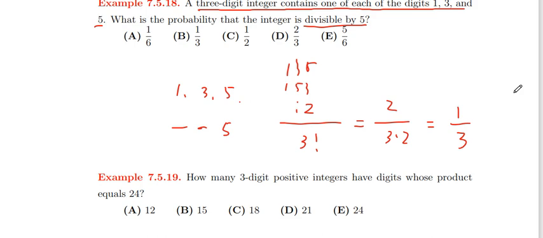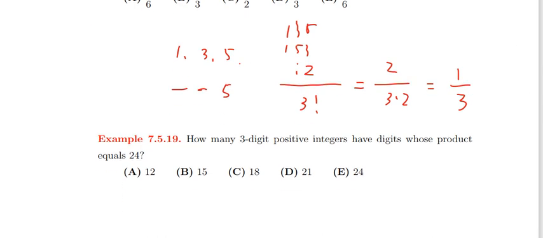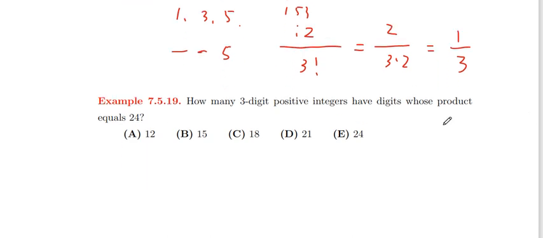Okay, so for this problem: how many 3-digit positive integers have digits whose product equals 24? So let's check one of them. Let's say 2, 2, 6.